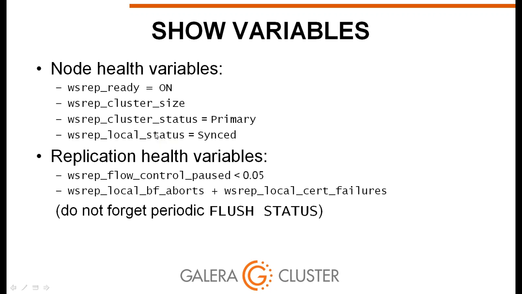When this happens, you will see that this value wsrep_flow_control_paused is going to increase, and it is recommended that it never goes beyond 0.05, meaning 5% of the time. If your cluster needs to throttle itself more often than that, there is a performance problem that needs to be examined.